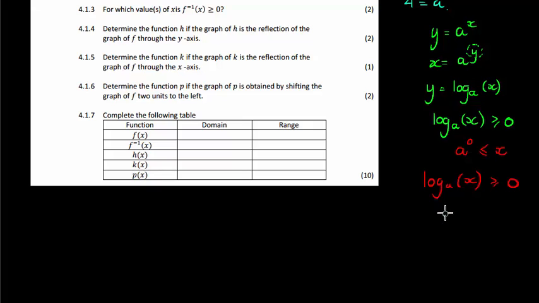I take my base, which in our case is 4, and make the log of x the exponent: log of x is greater or equal to a to the power of 0. You see, I took this value and that value and just gave them as the exponents on both sides. So if this side is greater than 0, then the base to that side is greater or equal to the base to the other side. Does that make sense?